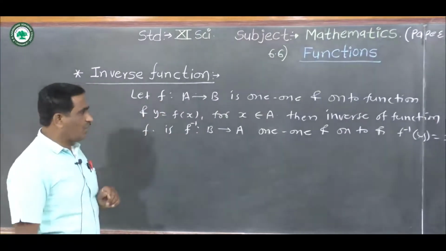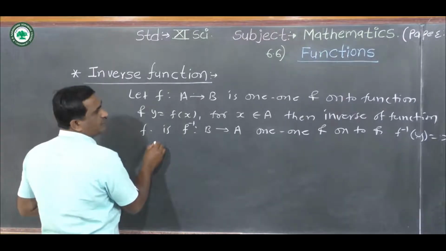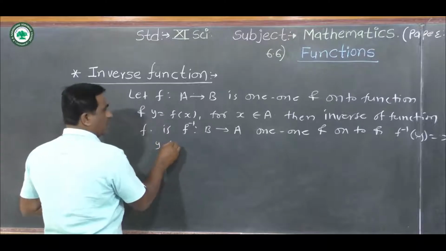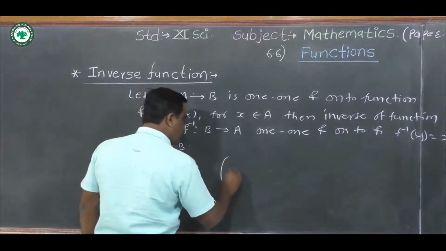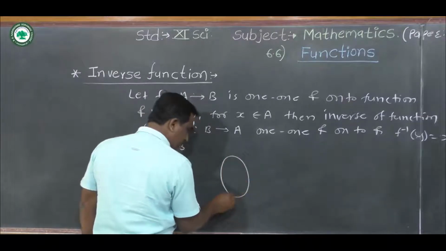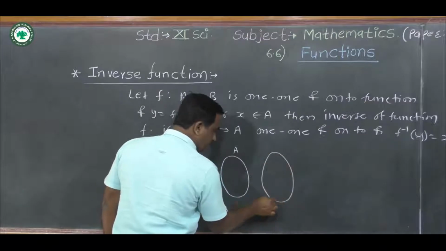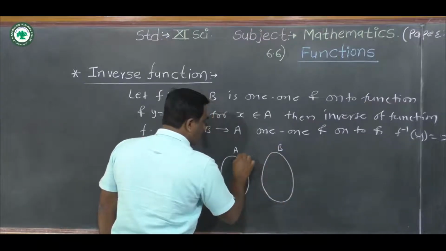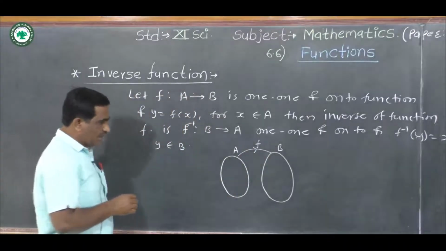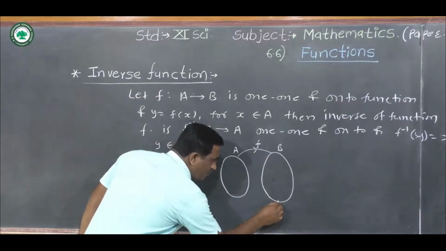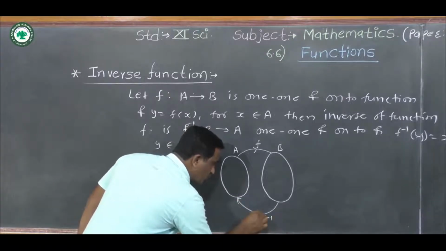We can draw an arrow diagram for this function where y belongs to set B. Now the arrow diagram is, this is set A, this is set B. Here is a function from A to B, f, and a function from B to A which is called f inverse.